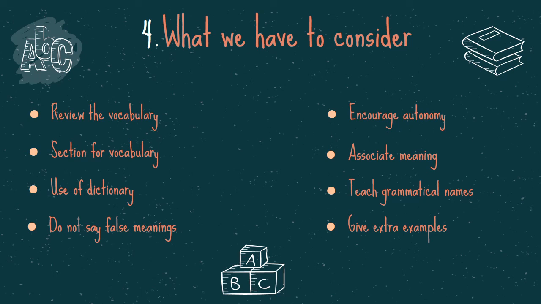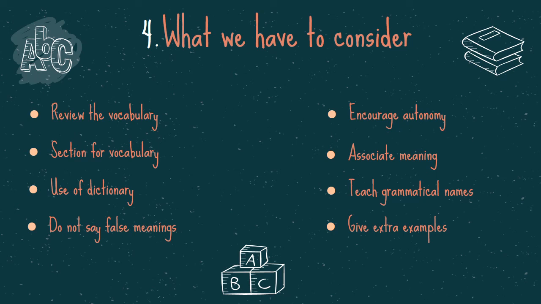Associating meaning. We have to clarify the meaning of the word, so we can use images, as my classmate said before, and make associations with the word and the image. Use of dictionary.